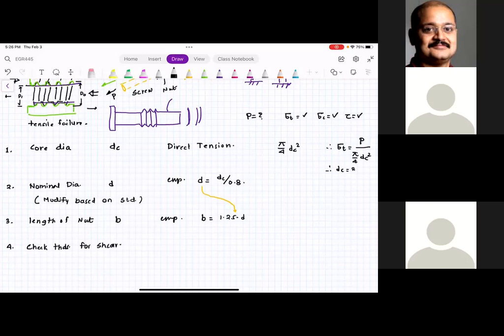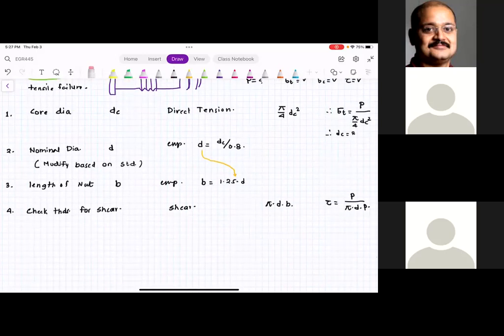And if you look at the shear area, this is exactly the same as the circumferential shear, which is pi times d times b. So tau is equal to P divided by pi times d times b.